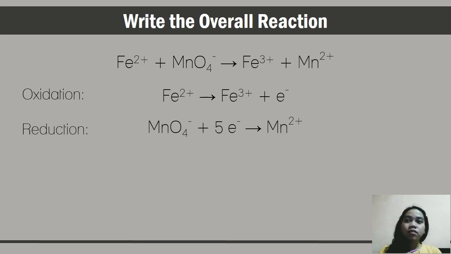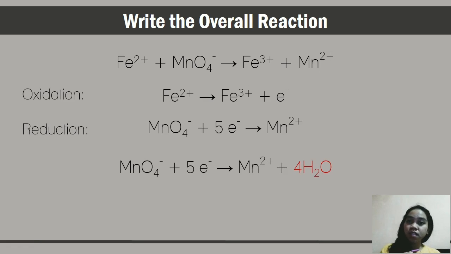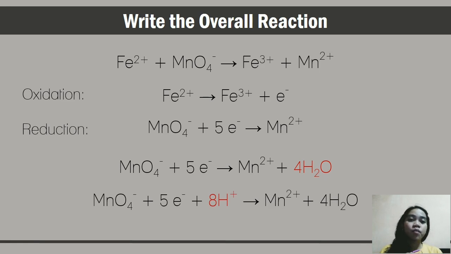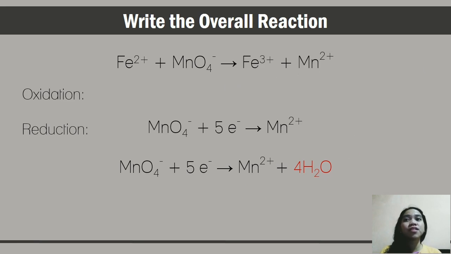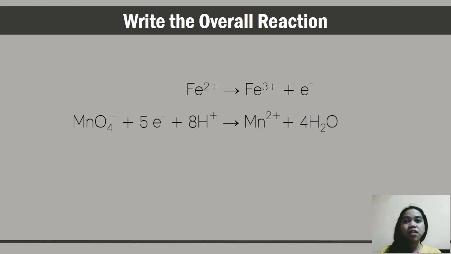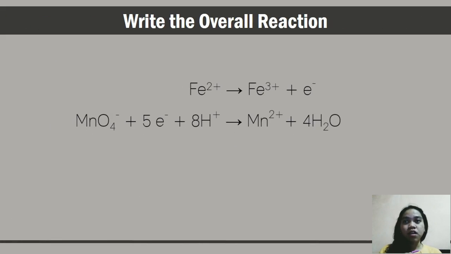We can see here that we have an oxygen atom, which makes this an unbalanced equation. So we need to balance that. We will add an H2O with that. But again, we have an unbalanced hydrogen atom, so we will add 8 hydrogen atoms to balance the equation. Moving forward, we will now use those values in calculating the overall reaction.